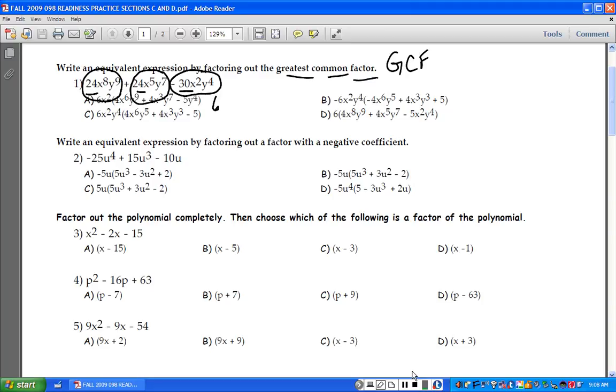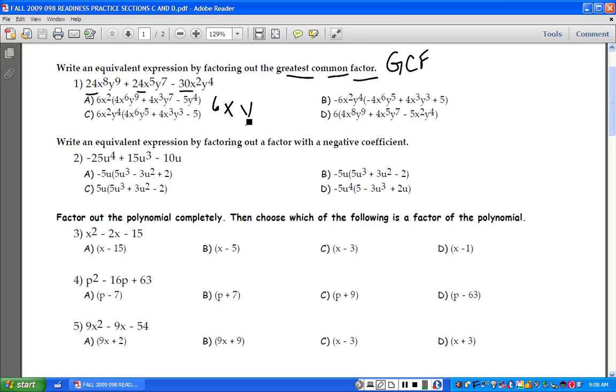Let's clear this up a little bit. Erase that. Now, we've decided that x exists in each term and that y exists in each term.